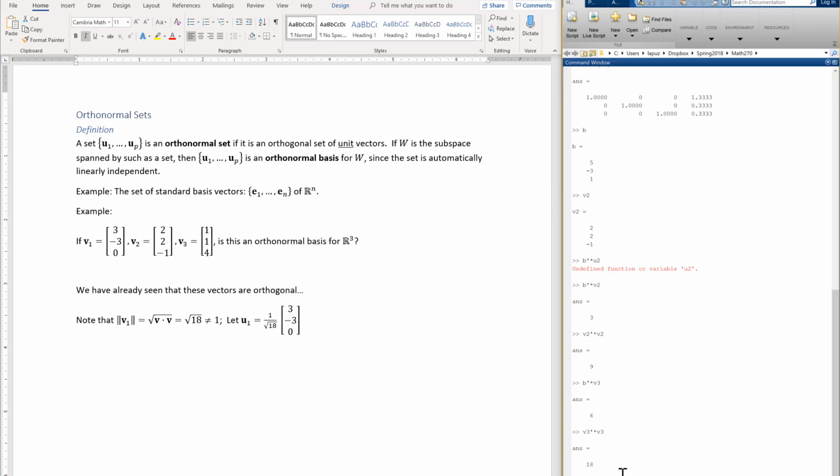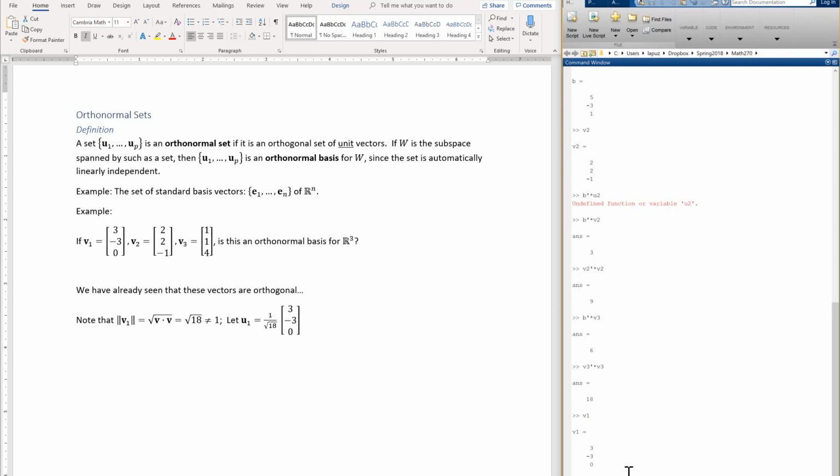So let's see if that actually works. Let's take a look at our V1 again. Let's multiply this by 1 over the square root of 18. So let U1 equal 1 divided by the square root of 18 times V1.